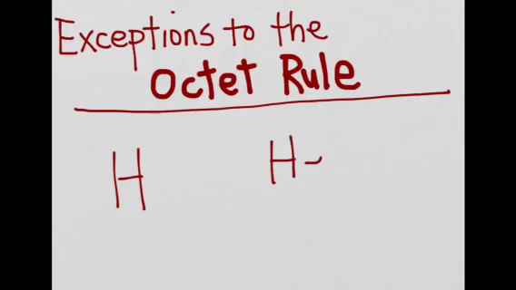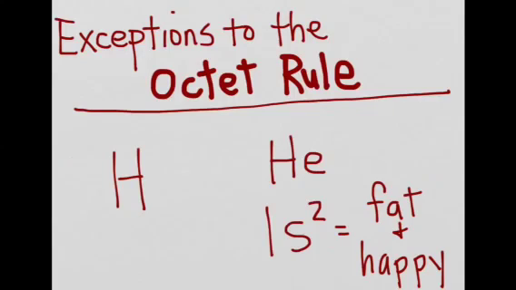If you remember the electron configuration for helium, it's 1s2. Helium is the second element. It has 2 protons, and when it has no net charge, it'll have 2 electrons. And so the only orbital in its energy level is full, and that equals just as fat and happy as all those other noble gases that get to have 8 valence electrons.